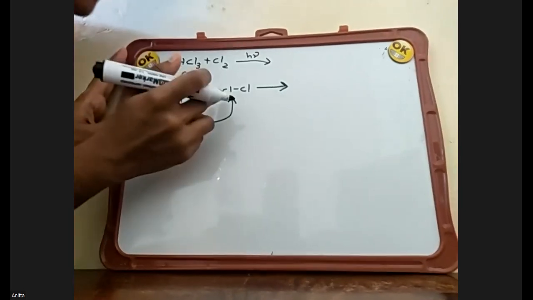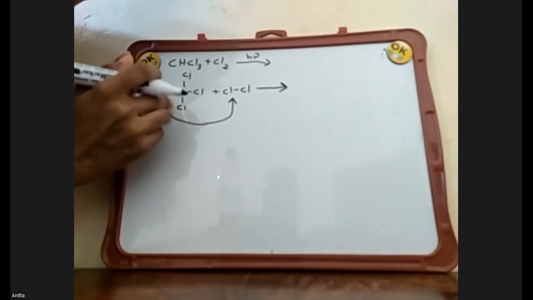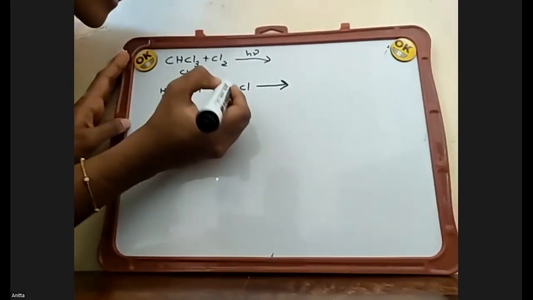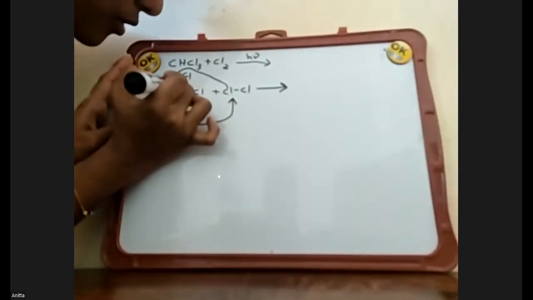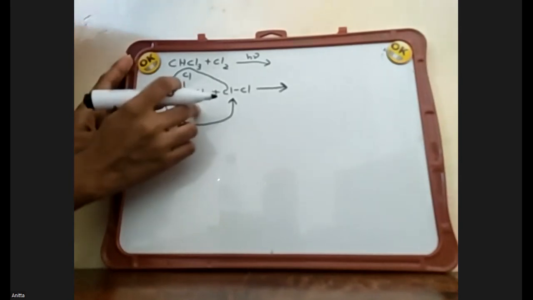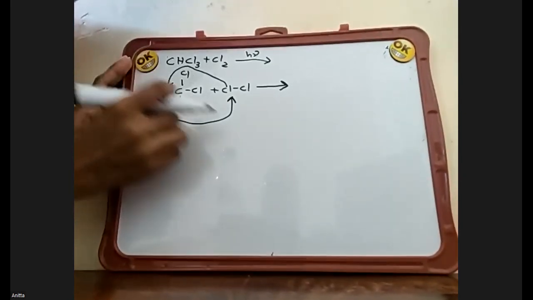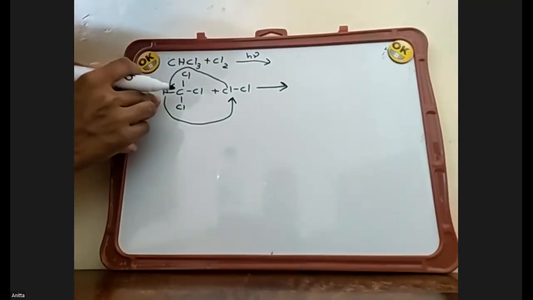Now we say that the maths teacher came into 7A. What is maths class? So we consider Cl as a maths teacher. Maths teacher comes to 7A. So this is substitution taking place. One hydrogen goes this side and at that time chlorine comes to this side.